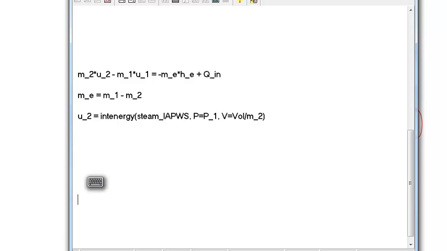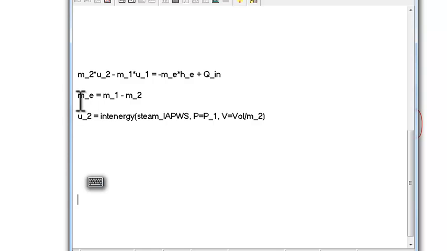So here is how I'm returning the final internal energy. I don't know the specific volume, but I do know that it's the actual volume of the vessel divided by the mass in state 2, whatever that might be. And I do have this relationship: the amount of mass leaving the system, ME, is equal to the initial mass minus the final mass.